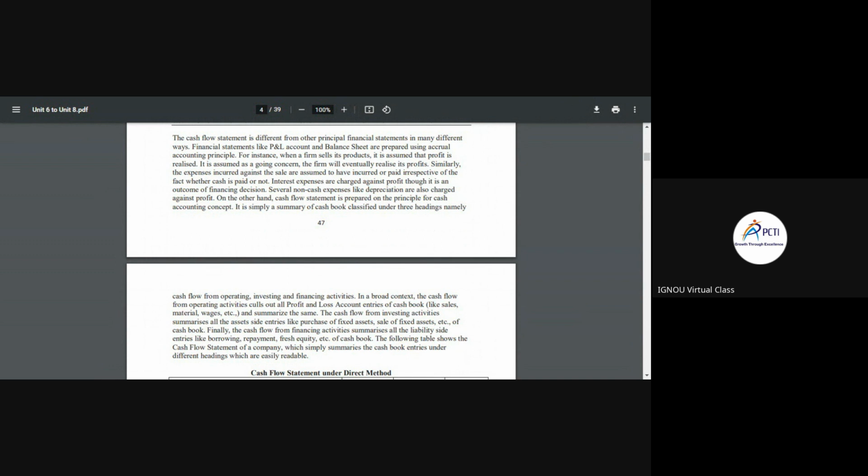In the case of financial statements, we have the P&L account and the balance sheet, which are prepared using accrual accounting principles. That means the income which is accrued but not yet received will be added to the profits.